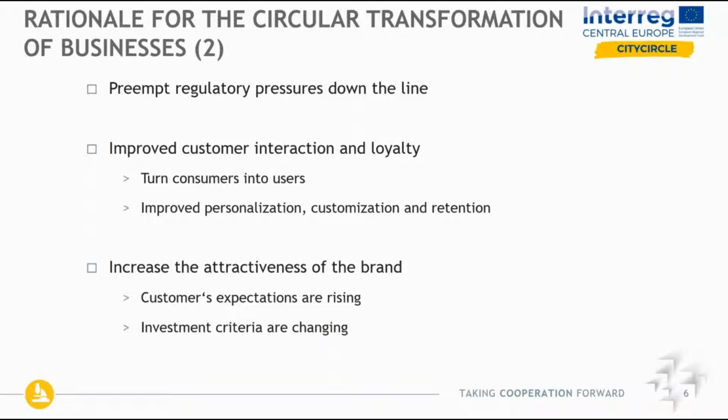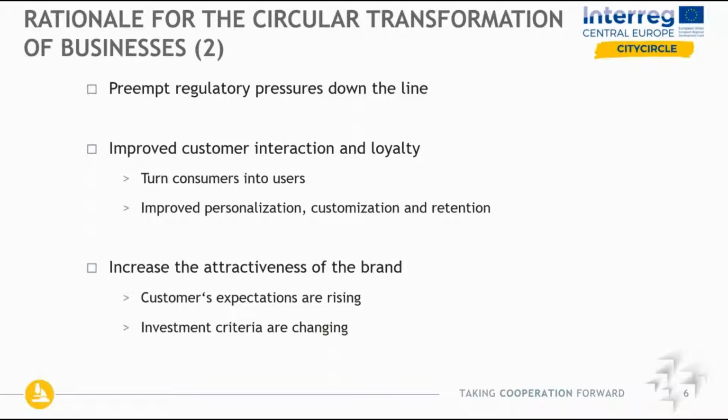And depending on your business models, it can help you turn your customers, your consumers, into regular users if you go for models like reuse and so on, or product as a service, because you build a longer relationship with your customers.